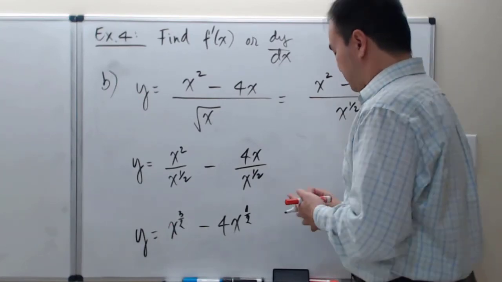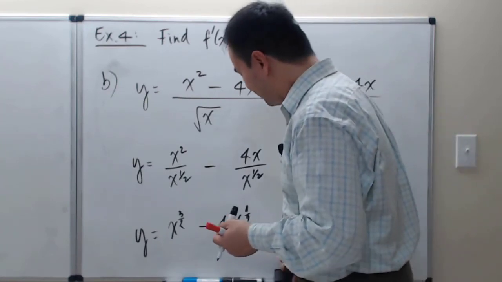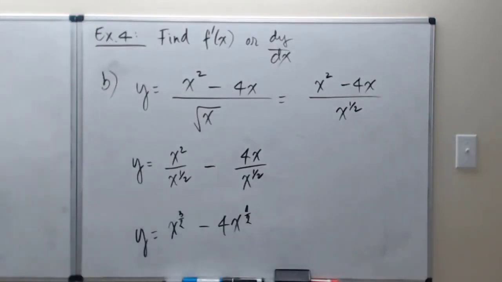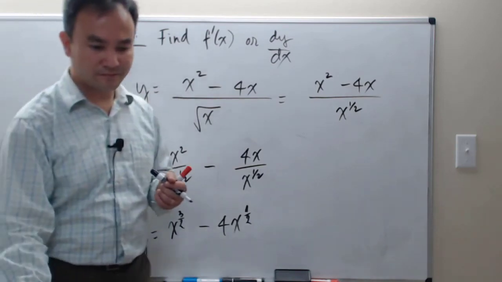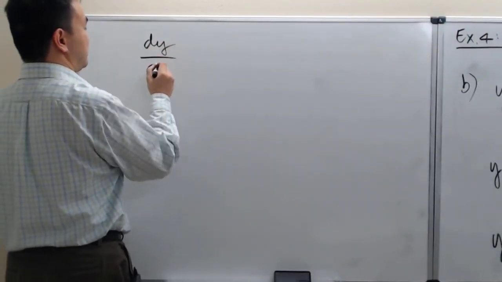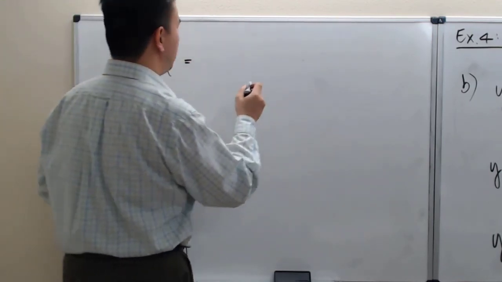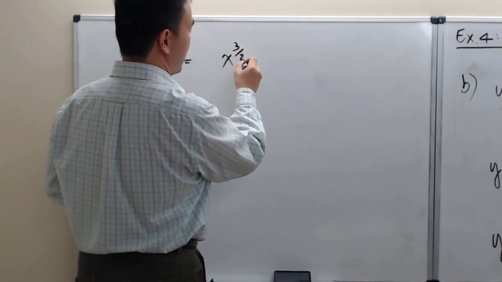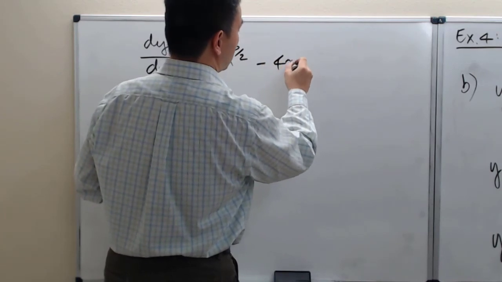Okay, so dy dx. All right. So dy dx is going to be x to the 3/2 power minus 4x to the 1/2.